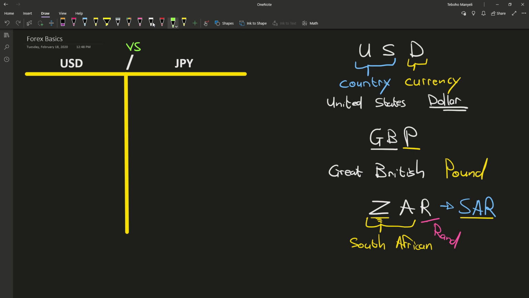So, key point: you've got a currency on the left and a currency on the right. Always remember that. The currency on your left is known as your base currency, which simply means that there's always one of those. In this case, it's the dollar, so we have $1.